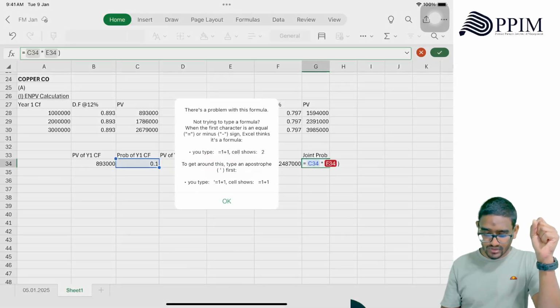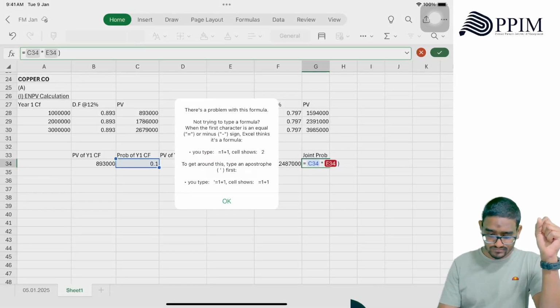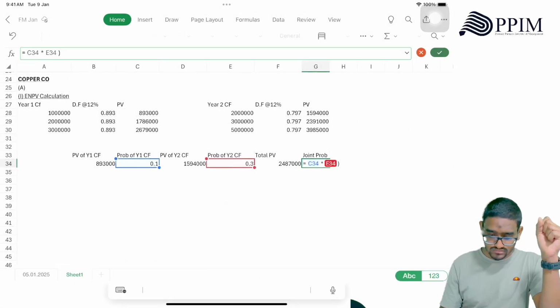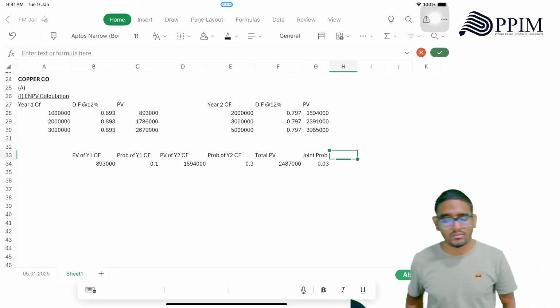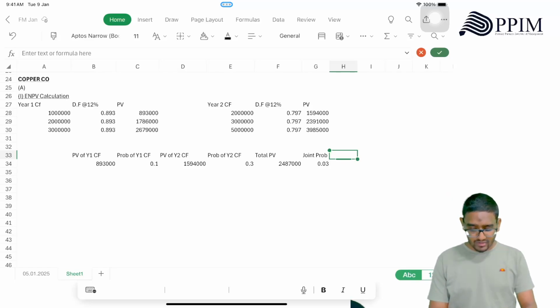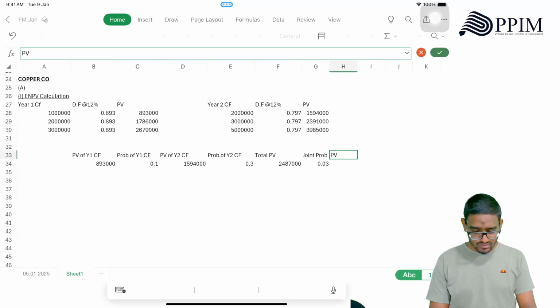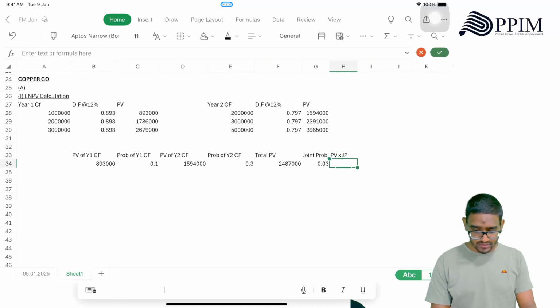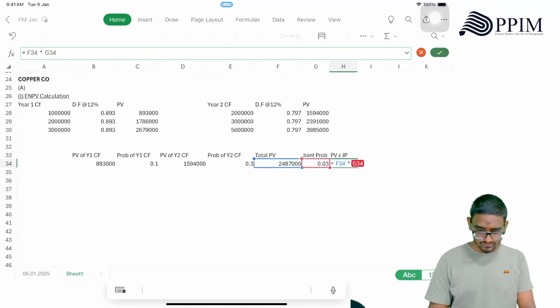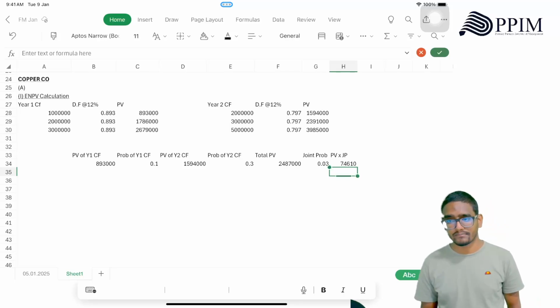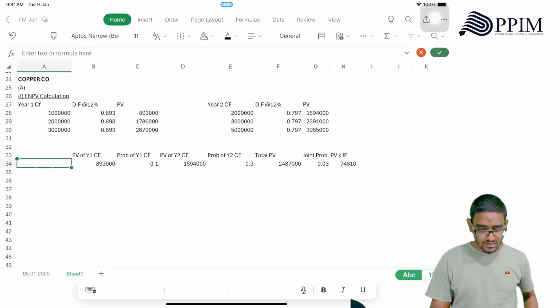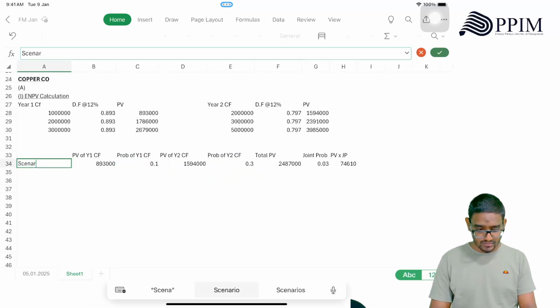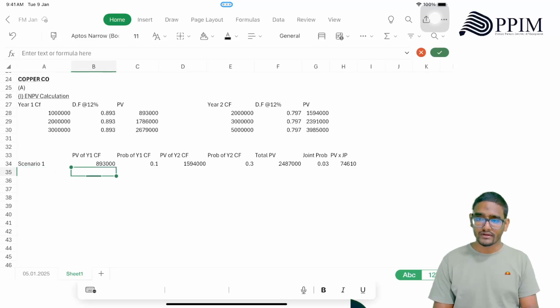So this will give you 0.03 joint probability. Then you take your present value times the joint probability and get 74,610. Now this is scenario 1, so we'll have to build scenario 2 as well.